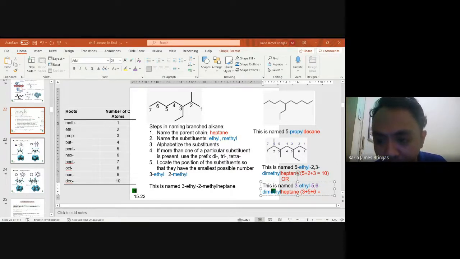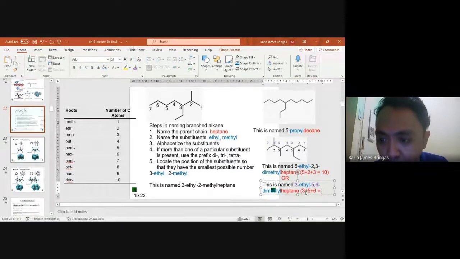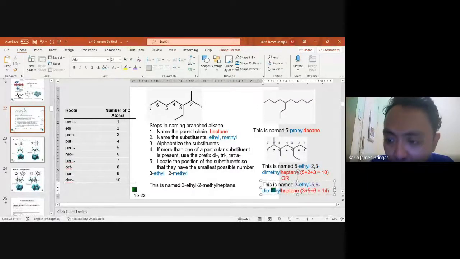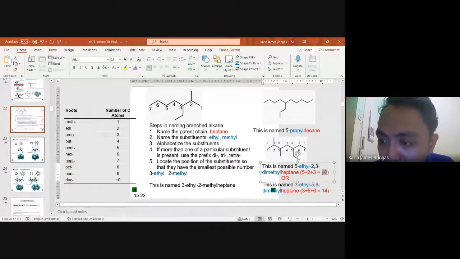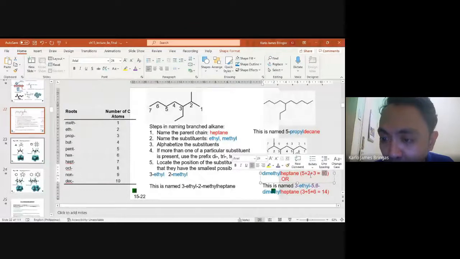Okay, so Julian and Jamewell give us 14. So if hindi ka sure ano ba ang tamang numbers na gagamitin, you can just add up the total numbers and whichever number is smallest, ito siyang masusunod.